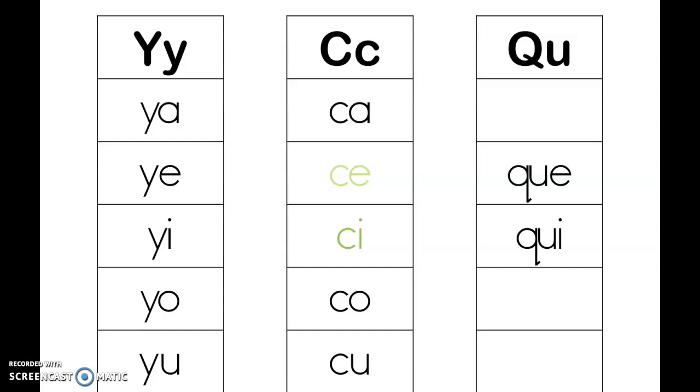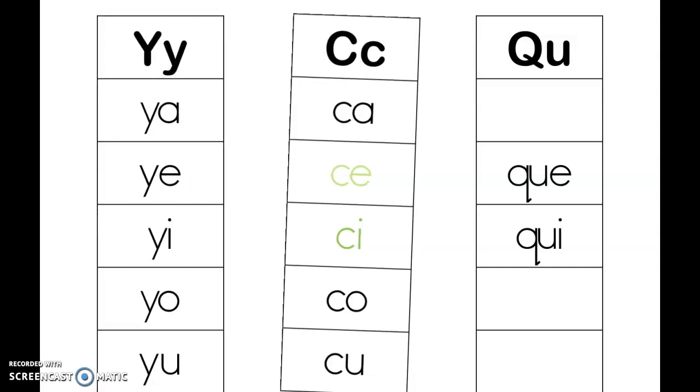Okay, letra C is special. Letter C, because it's C, you know, letter C, but it makes a K sound. So here we go. Ca, Se, Si, Co, Cu. Okay, so let's do the next one. Ca, Se, Si, Co, Cu.